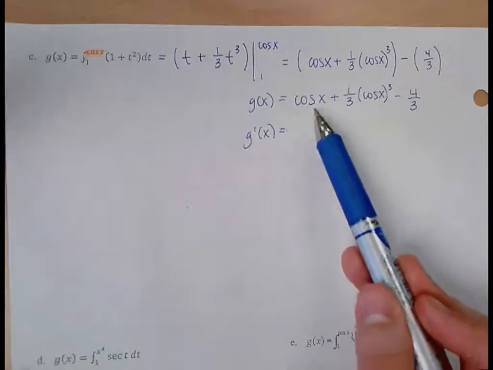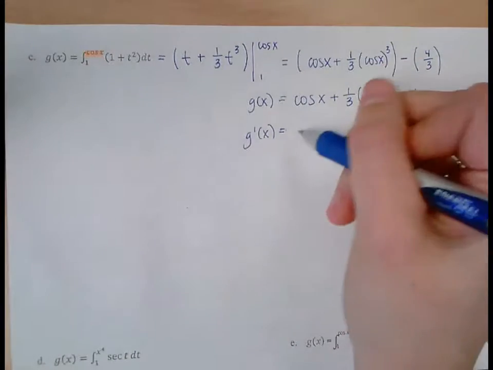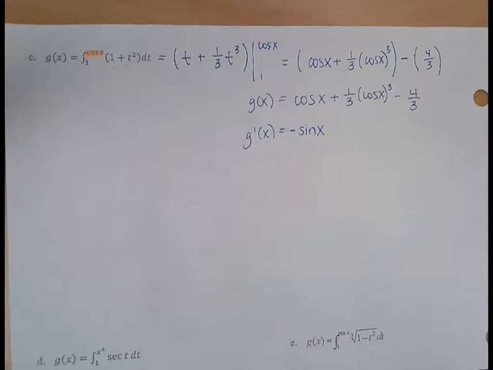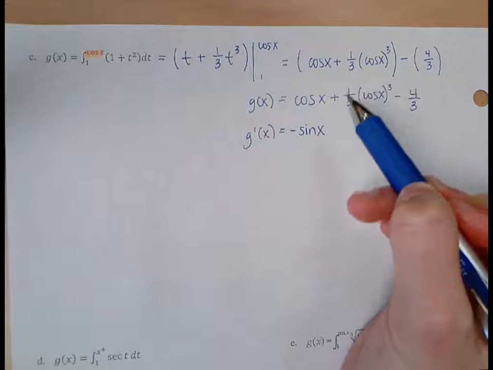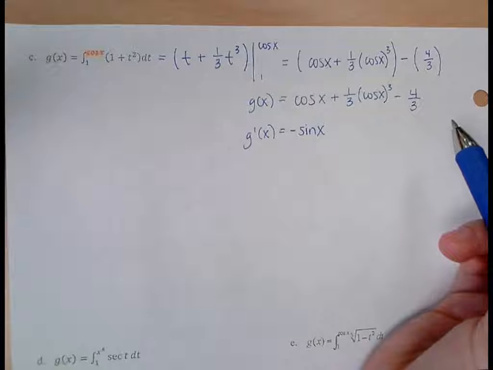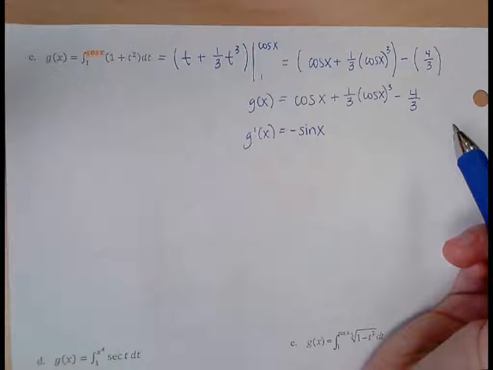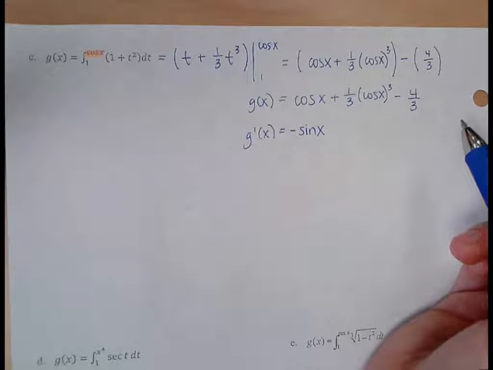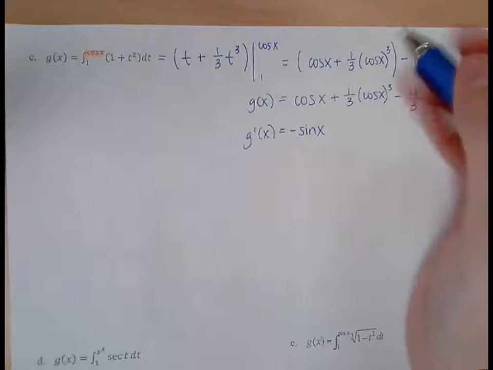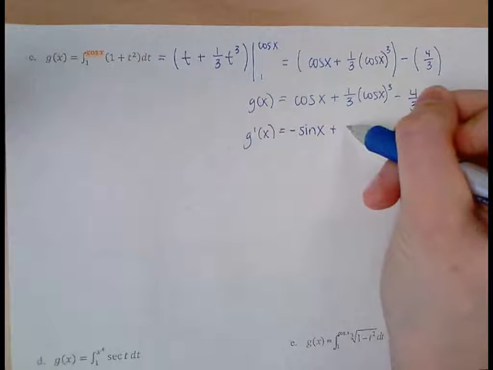Derivative of cosine is negative sine. Going back to derivatives, not just antiderivatives. What about 1/3 cosine of x cubed? It is a chain rule. So you have to multiply the 3 by the 1/3, so it would be plus 1.